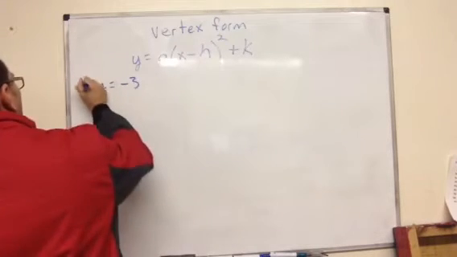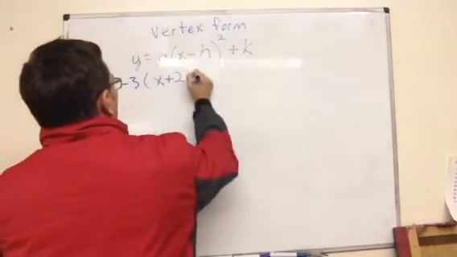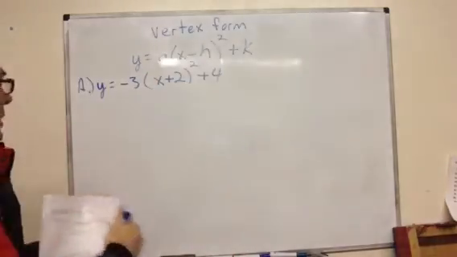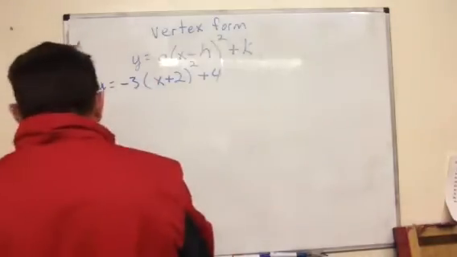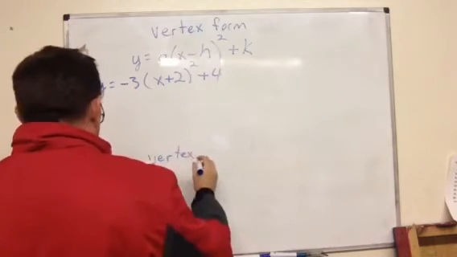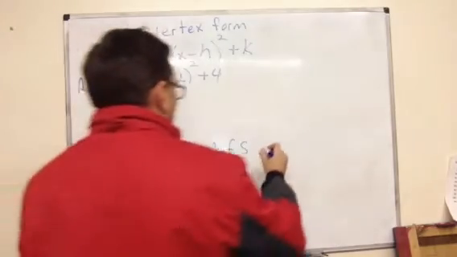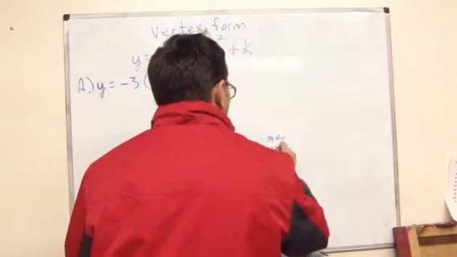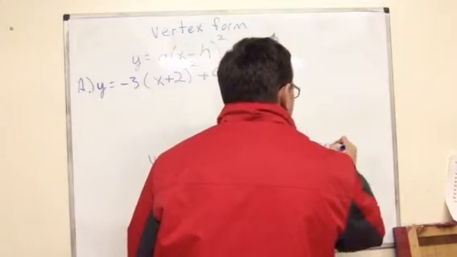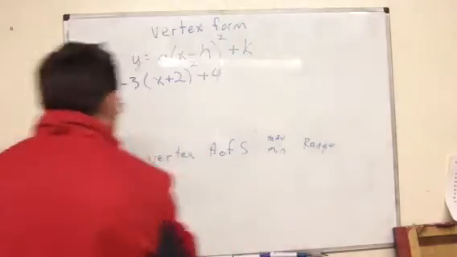So here's problem A: negative 3(x plus 2) squared plus 4. I want to know what the vertex is, the axis of symmetry, whether it's a maximum or minimum, and what the range is. We should be able to find all this out without calculating anything.